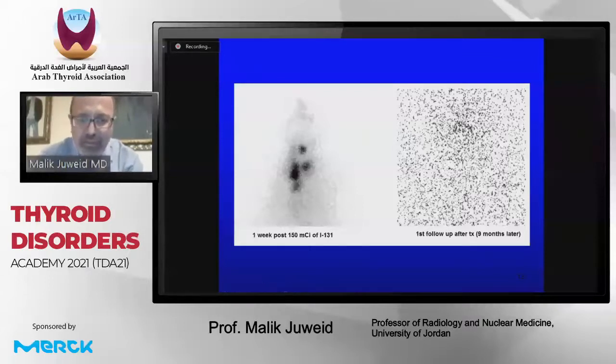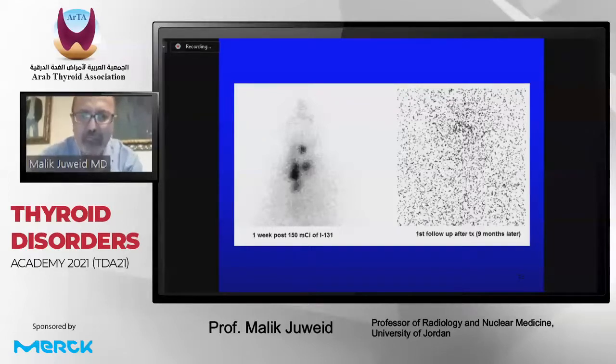Okay, this is a patient with thyroid cancer, with papillary thyroid cancer, who had lymph nodes at presentation. And here is the scan 1 week after treatment with 150 millicuries. You can clearly see thyroid remnants, benign thyroid remnants, and lymph node metastases.